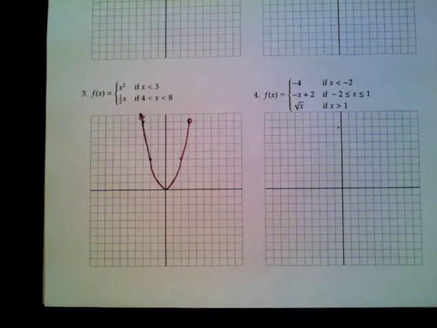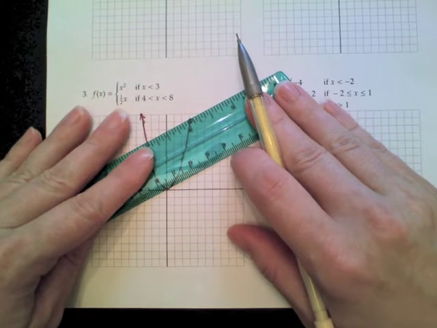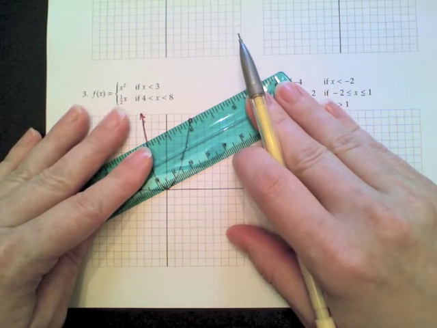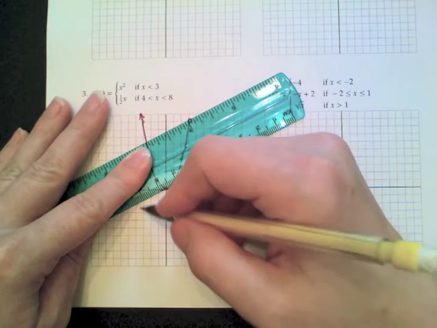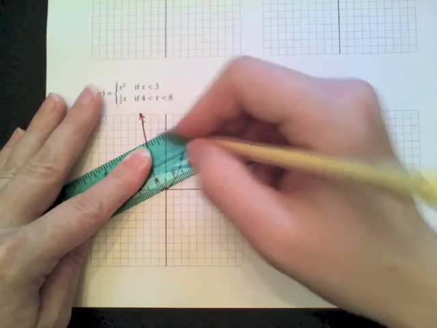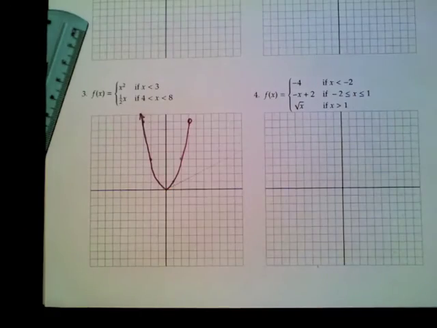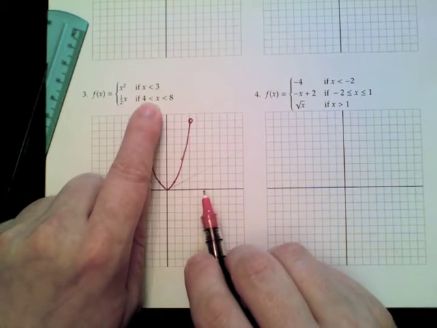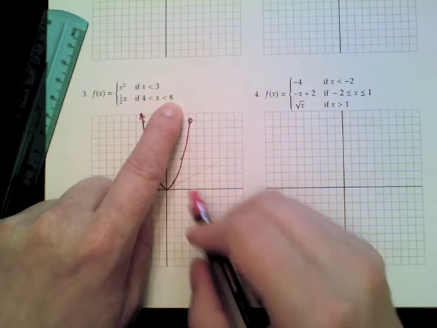And now for my other piece, this is y equals 1/2 x. So I'll draw in a line with a y-intercept of 0 and a slope of 1/2. And really, I know I don't need it over there, so I'm just going to draw my helper line in over here. And so I want this graph for x's between 4 and 8.